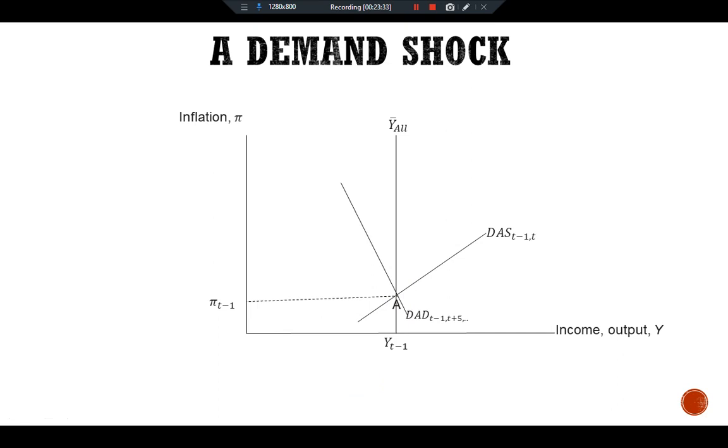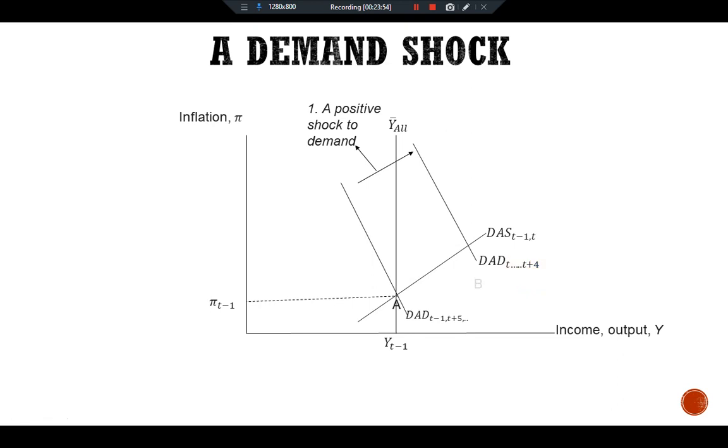A positive shock to demand will shift the demand curve rightward, that is DAD t to t plus 4.